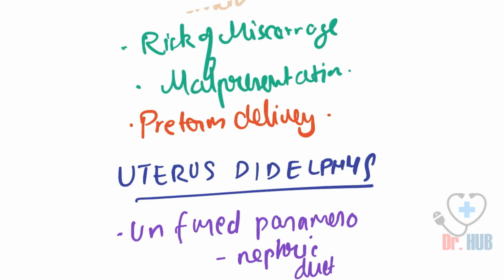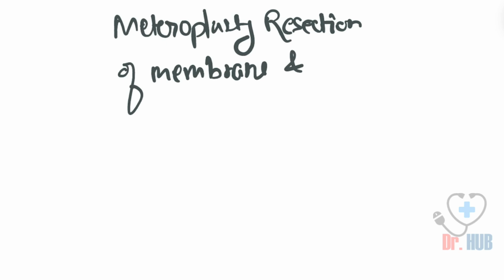What is the treatment for the uterus didelphys? The treatment includes metroplasty, which is resection of the membrane and fundal recombination.